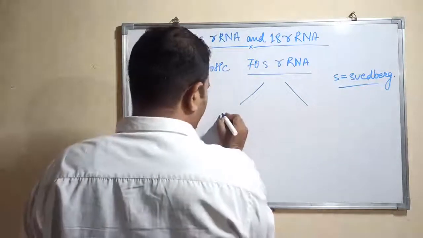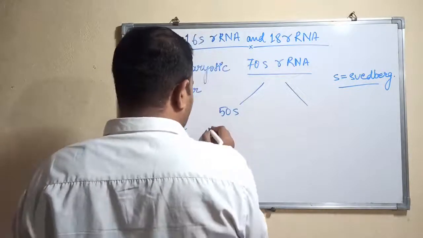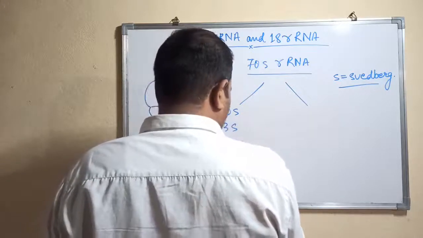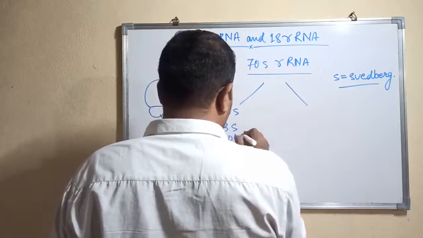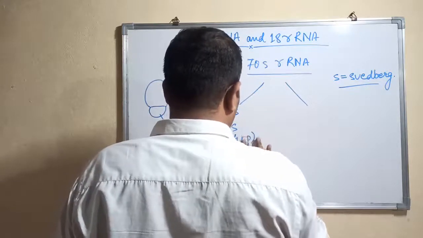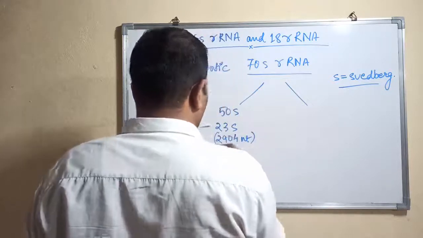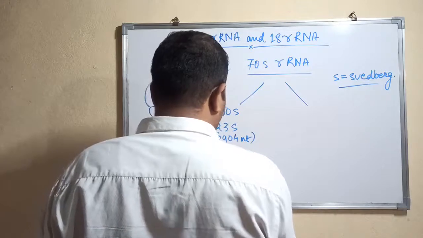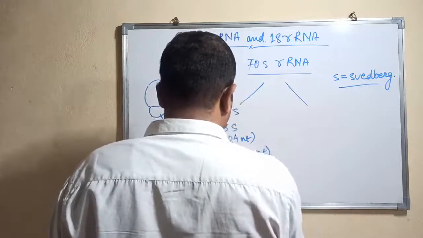The larger subunit is 50S in the case of prokaryotes, and the 50S subunit is further divided into 23S rRNA, which has around 2904 nucleotides. Then there is a 5S rRNA that is made up of 120 nucleotides.